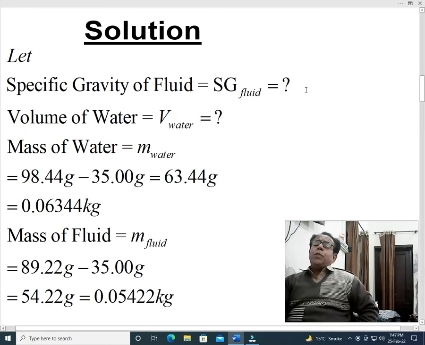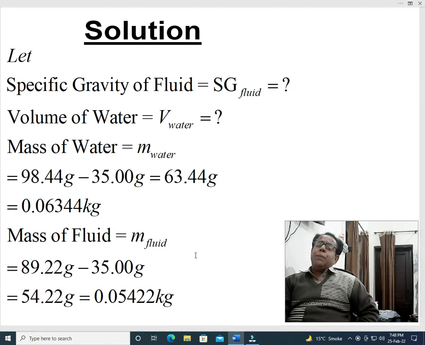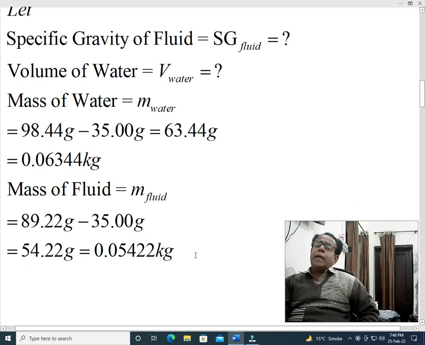Because we are moving from a smaller unit to a bigger unit, we divide by 1000, and hence 54.22 gram will become 0.05422 kilogram.